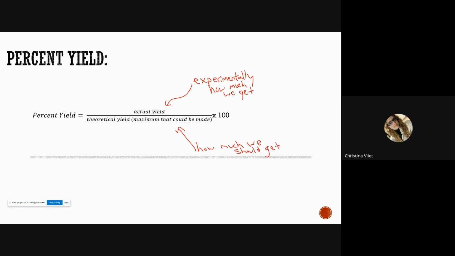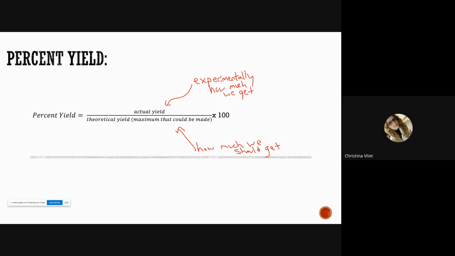So what does that mean? When you actually run an experiment, you almost never get everything you're supposed to get. You don't get the amount of products you're supposed to get. Because when we do reactions, we're going to do our first experiment next week, there are some mistakes that we make, and there are some mistakes that are inherent in the equipment, actually.